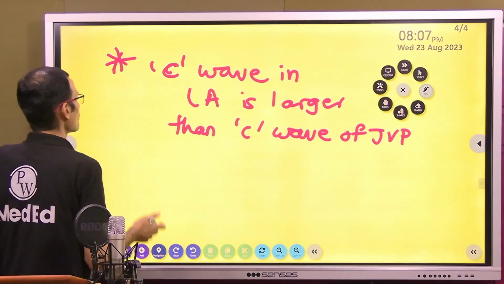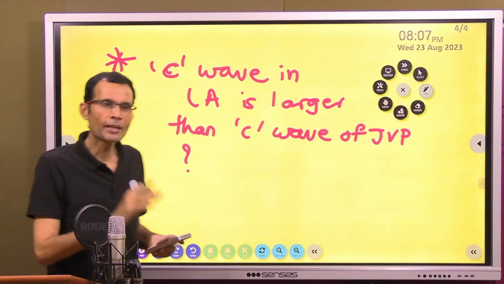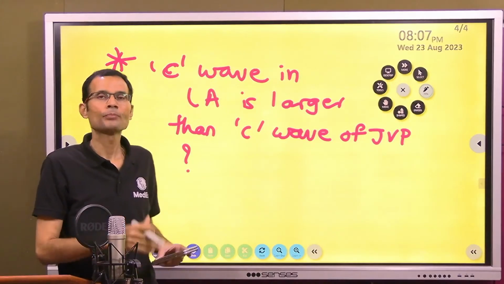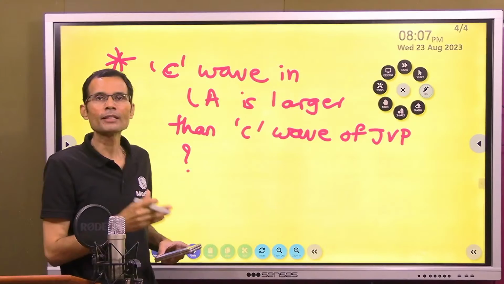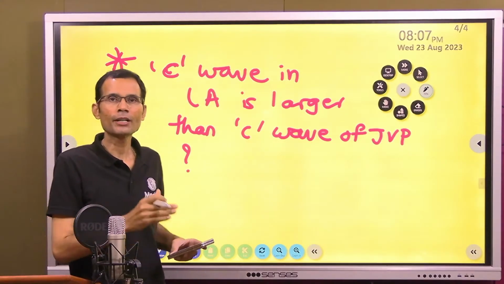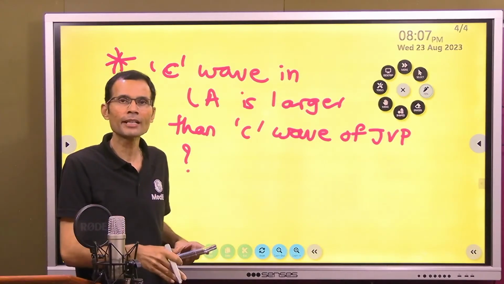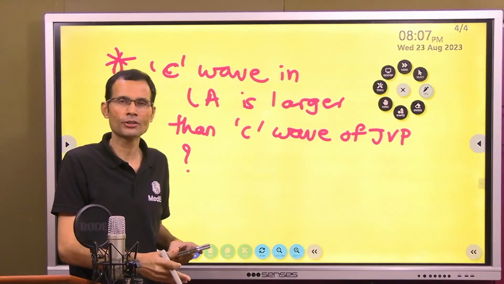What is the reason? The options are, I'm not spending any time on writing them. A, because the left atrium is a thicker muscle mass. B, because the left atrium receives the blood from the pulmonary circuit, from the lungs. C, because the left ventricle is a high pressure chamber.